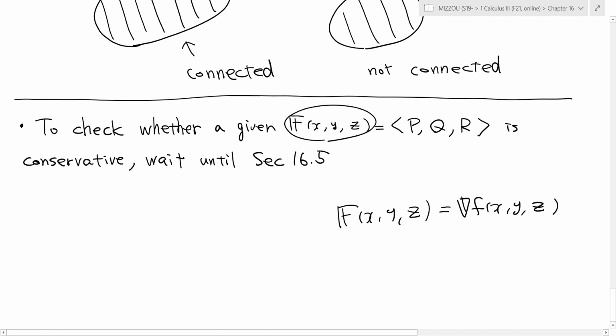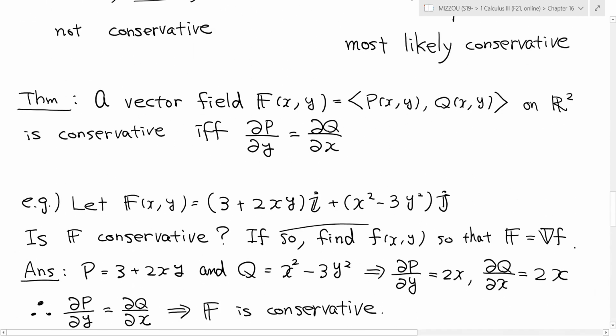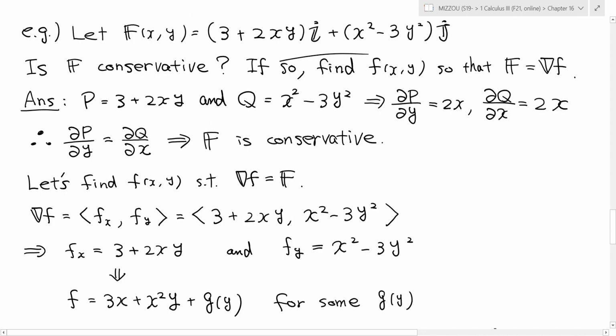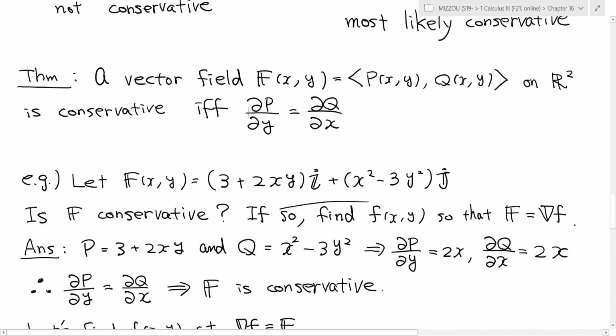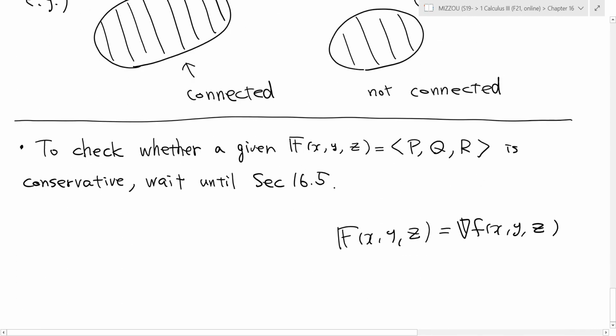Then how do you check if it's conservative or not? Well, this theorem is only for vector fields with x, y. But if you have x, y, and z, you need some other theorem. For that, I'll get to section 16.5.